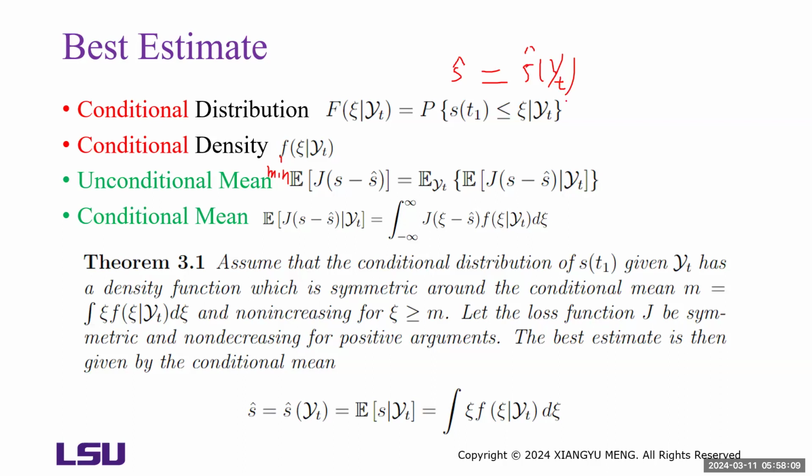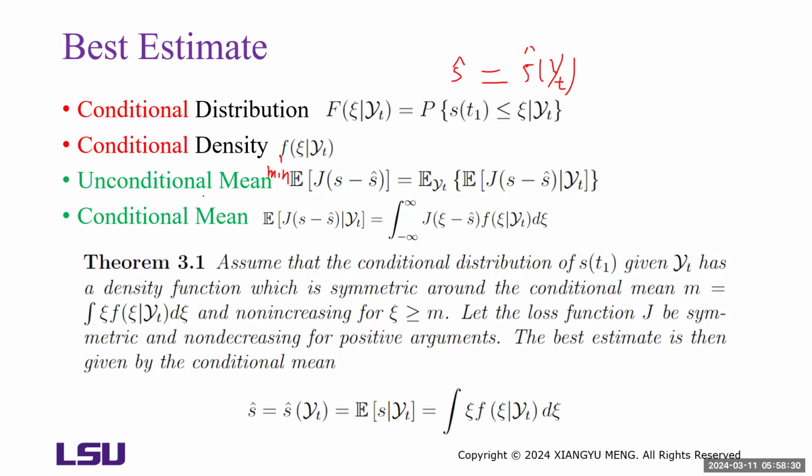You calculate a value, and the value is x hat. Here we use x hat as a kind of abuse of notation: we use x hat as a function, and also as a value. The value of the function is the estimate of s.